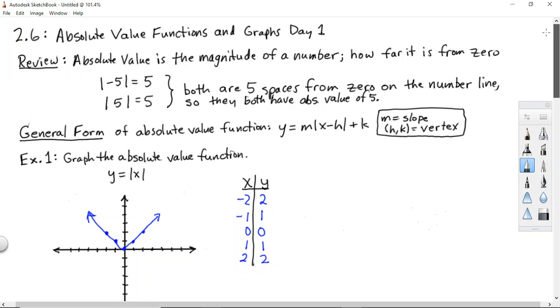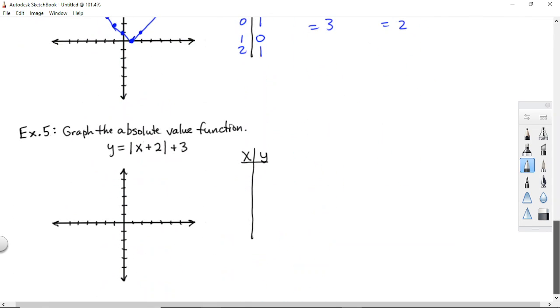There it is, y equals m times x minus h plus k. Okay. So let's write that down so we can kind of refer to it. y equals m times x minus h plus k.